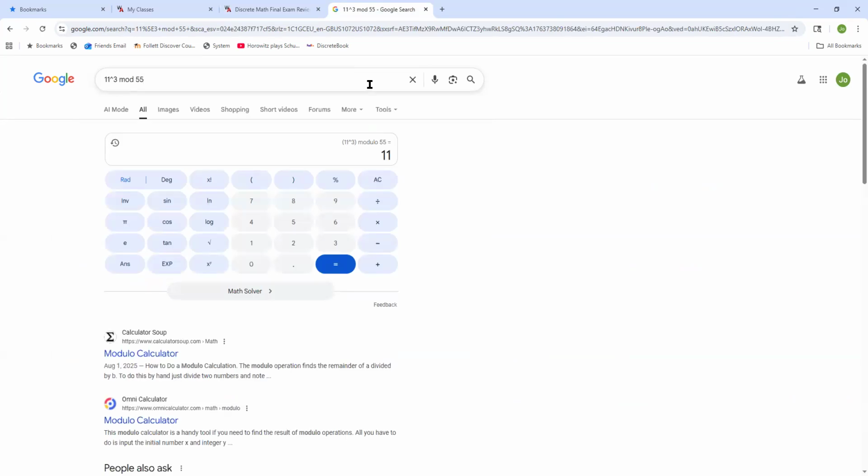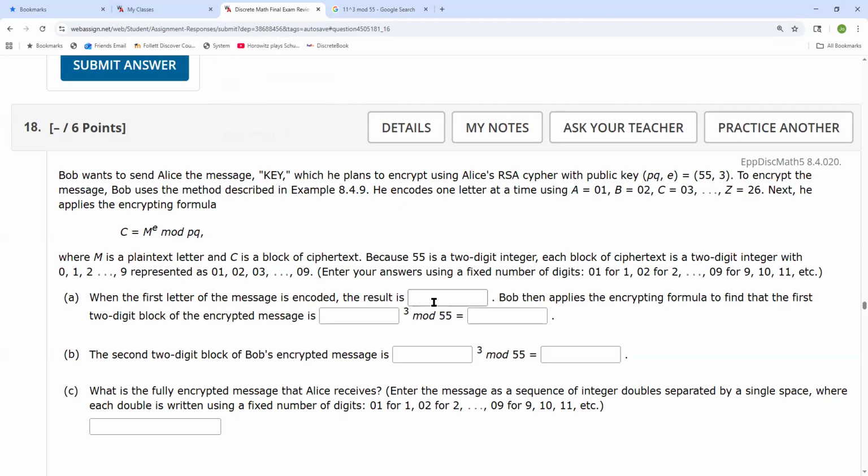So let's do that. 11 to the power of 3 mod 55. It's 11. That's kind of confusing, but I guess it just is a coincidence. Oh, actually, I think it's asking us to break it down one step at a time. So when the 11th letter of the message is encoded, the result is 11.